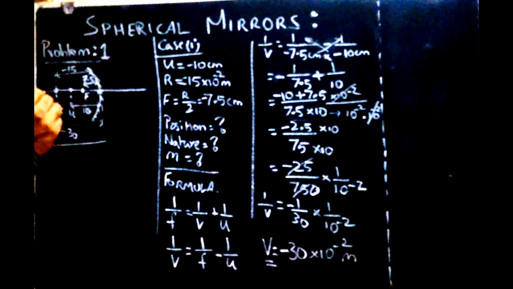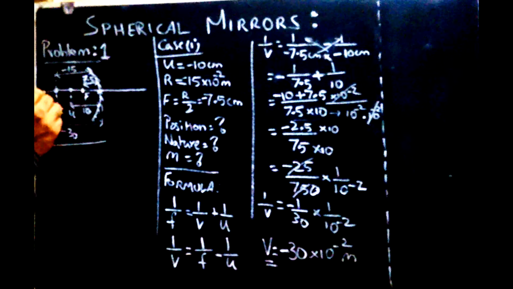Be very careful, now I am going to apply the Cartesian sign convention. It is a mirror, so no images will be formed beyond it. In the next case we are going to see what the condition is when you are getting a virtual image. That is the next problem we are going to do.